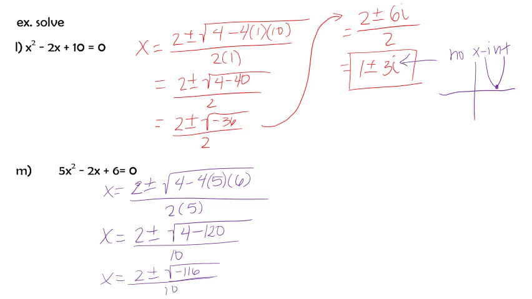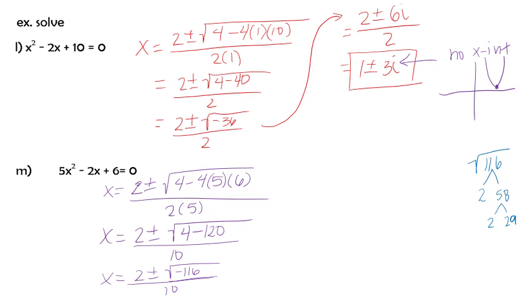Square root of negative 116, I know there's going to be an i in there, but I don't know what 116 is, so let's go ahead and break it down. Something that I know for sure goes into 116 would be 2 maybe. Okay, so 2 goes into 116, and then I would have 58. And 58, 2 goes into 58, right? And then I would have 29.